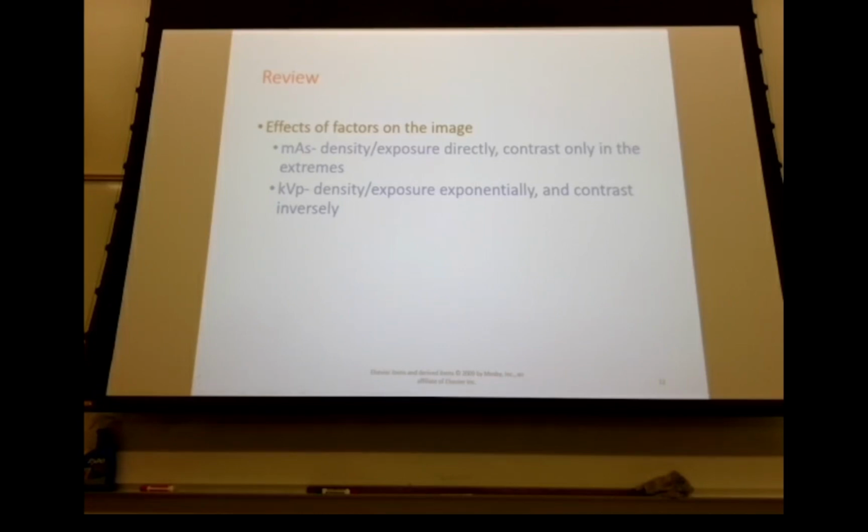So if you way overexpose a patient to the point that you flooded your individual image receptors in your overall image receptor, then everything comes out so dark you can't make any differentiation between things. Or if your mass is so low, it becomes kind of gray and you can't really see anything. So within a reasonable diagnostic range, there is no effect of mass on the density or the contrast on the image. Same thing with KVP.